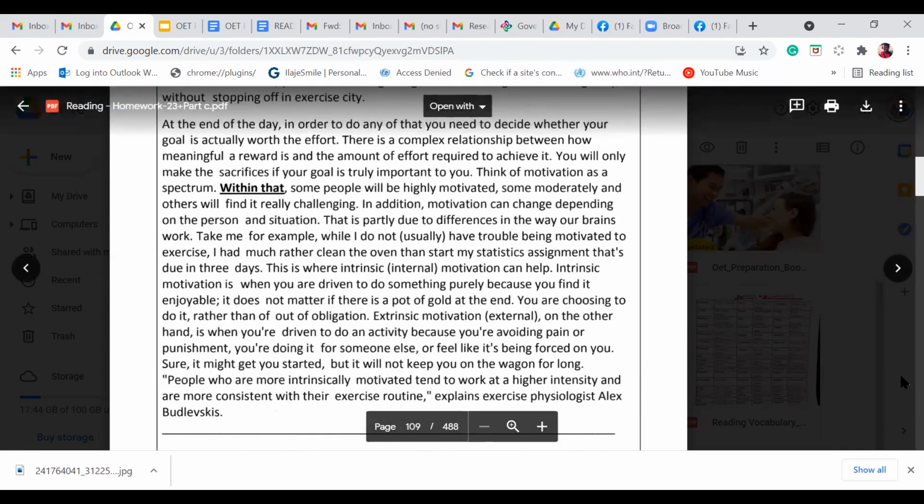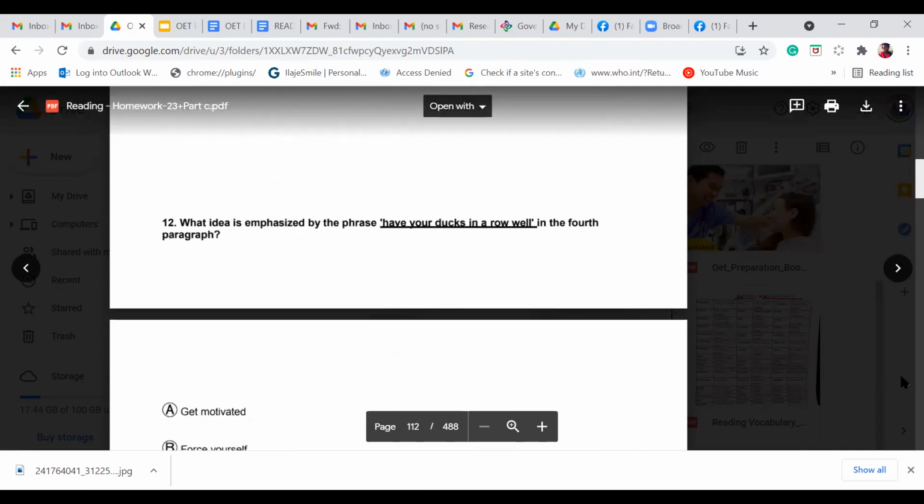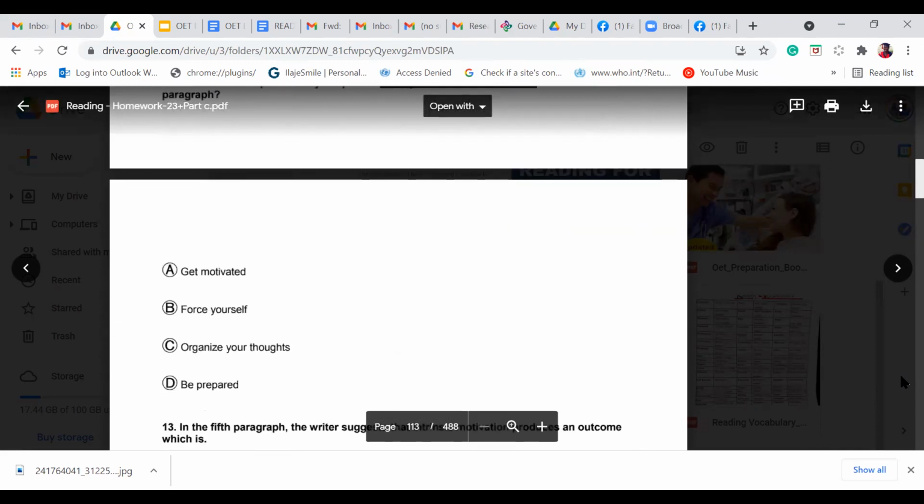So let's look at the options. Get motivated, force yourself, organize your thoughts, be prepared. What do we think? I know somebody will say C because I said it looks organized.